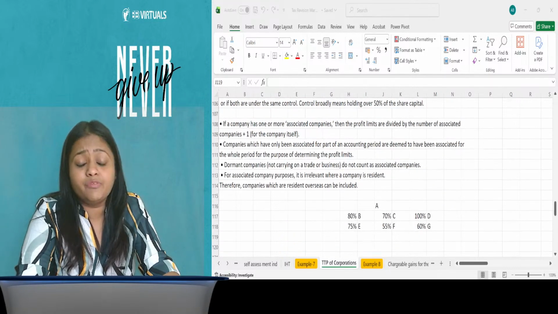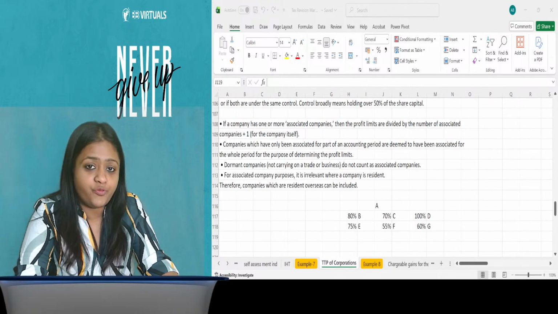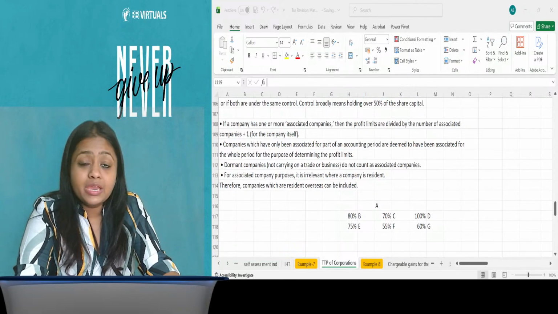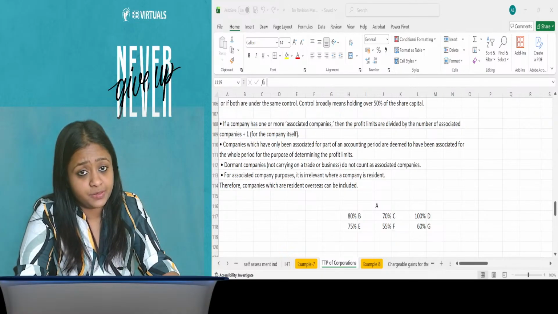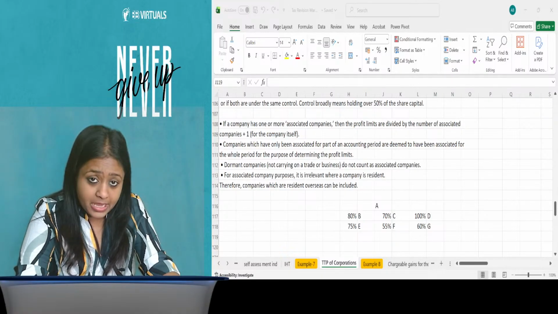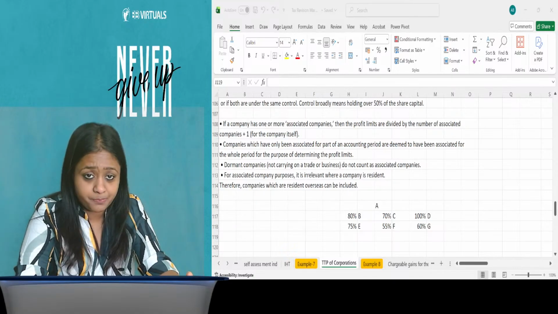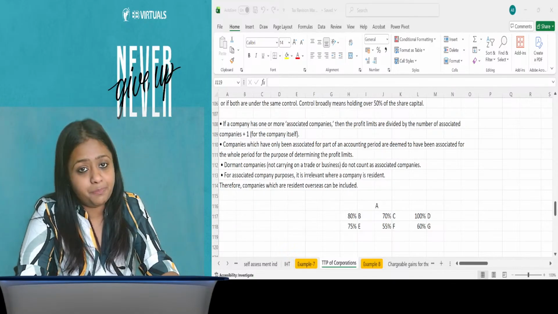We have to have a basic minimum relationship of 50%, direct or indirect. What do I mean by direct? Direct parent subsidiary relationship. Now we are looking for the group for company A, that is the main parent company, that is known as the ultimate parent company.